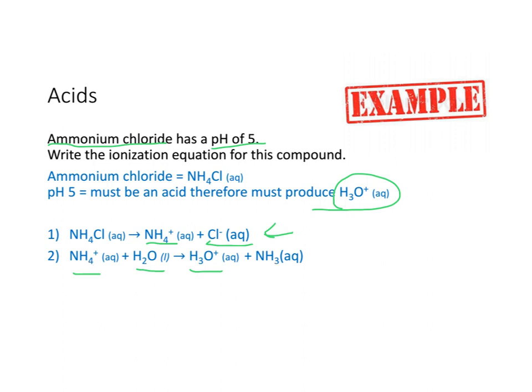And NH3, if you remember, is ammonia. So there it is. We have our ionization equation of ammonium reacting with water to produce hydronium and ammonia. And the presence of hydronium ion here is what makes the solution acidic, being pH 5.